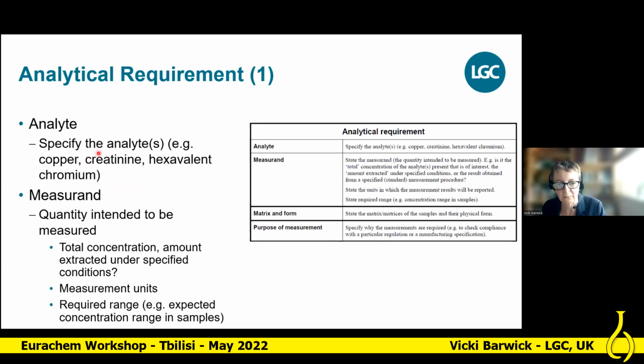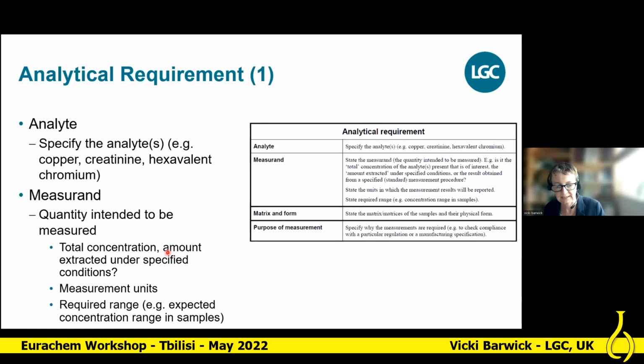So as well as knowing what it is we're actually analysing, we need to think about how much might be present, and are we interested in perhaps the total amount of that compound or analyte that's present, or maybe it's the amount that's extracted perhaps under specified conditions as defined by our measurement procedure.